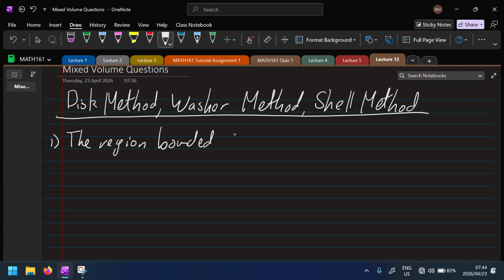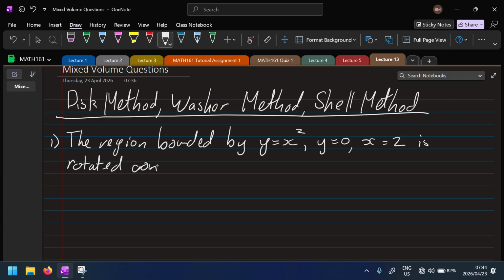The region bounded by y equals x squared, y equals 0, x equals 2, is rotated around the x-axis.